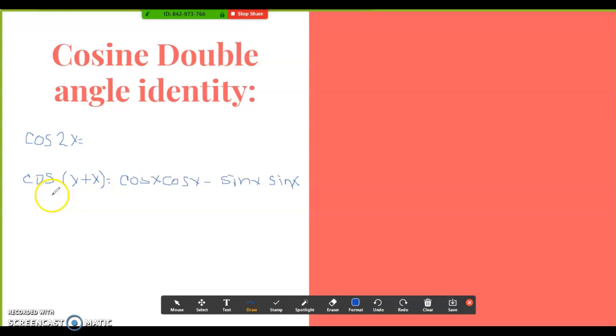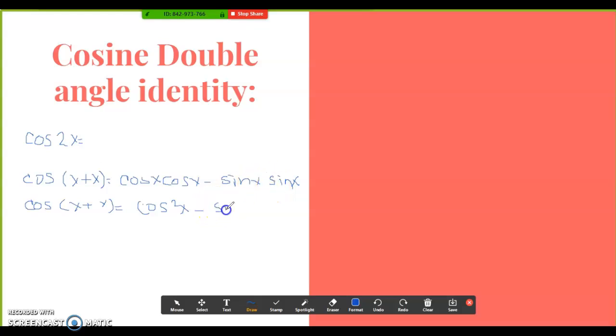And if I need to simplify this expression, I notice I got cosine of x times cosine of x. I see it twice. So if I want to simplify this, I could say that this expression, the cosine of x plus x, the same angle twice, is equal to cosine squared x, multiplying the same thing twice, minus sine of x times sine of x.